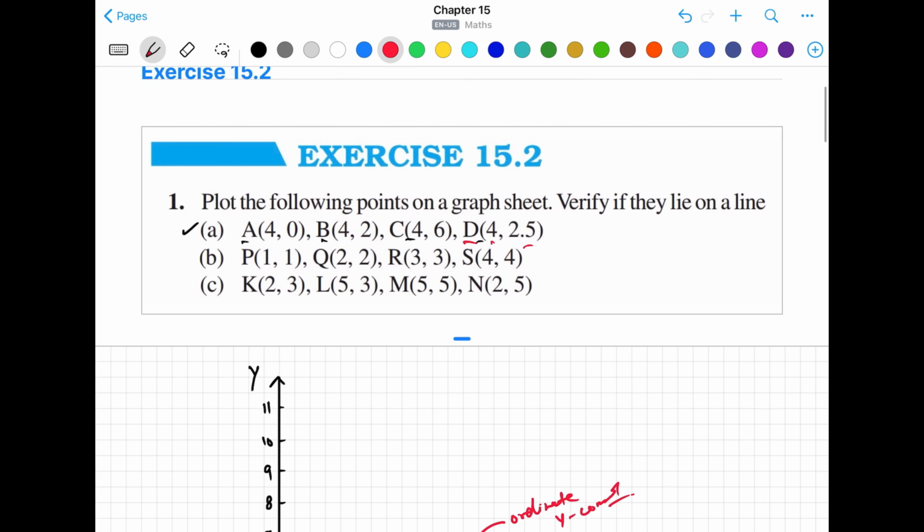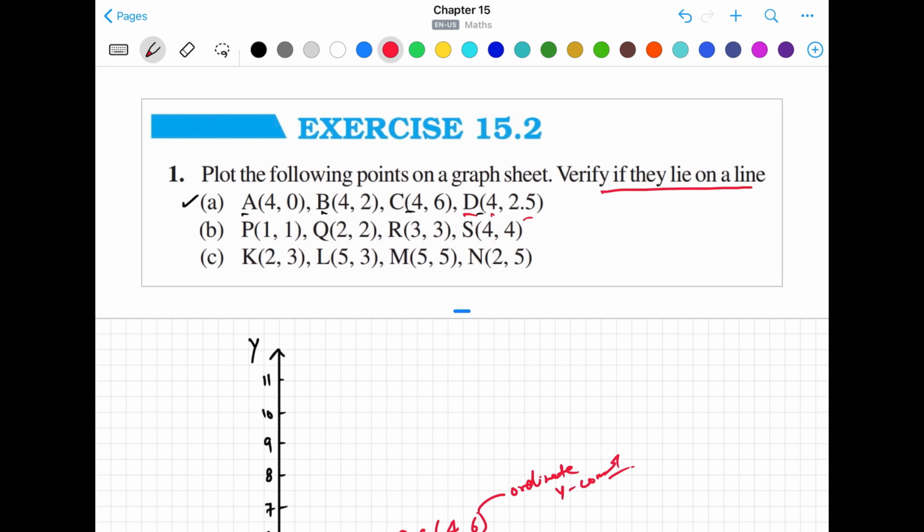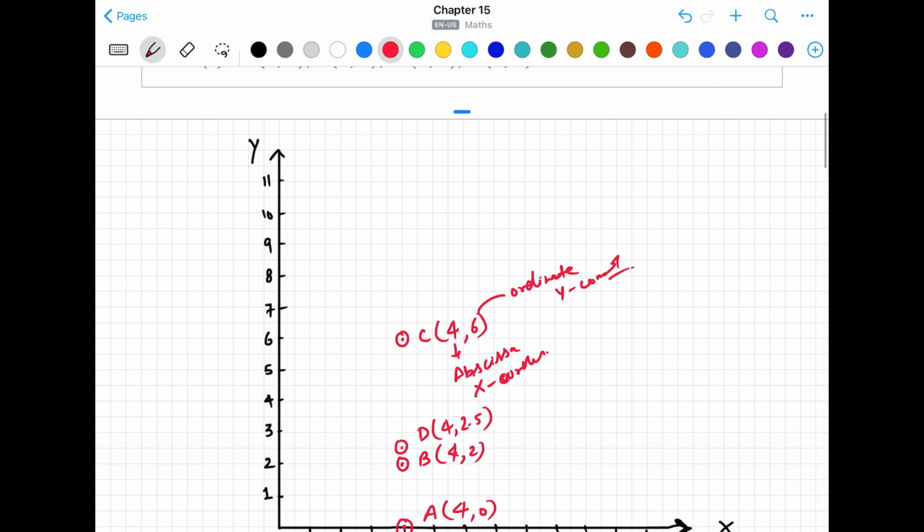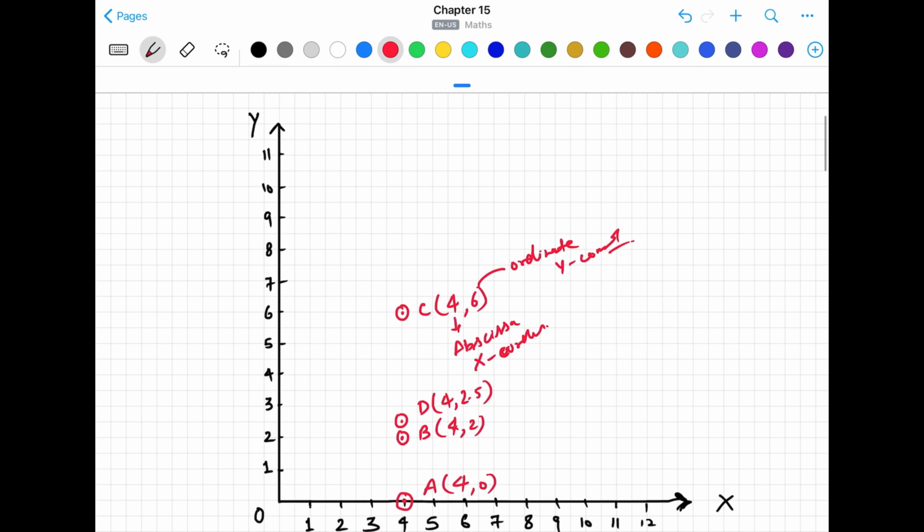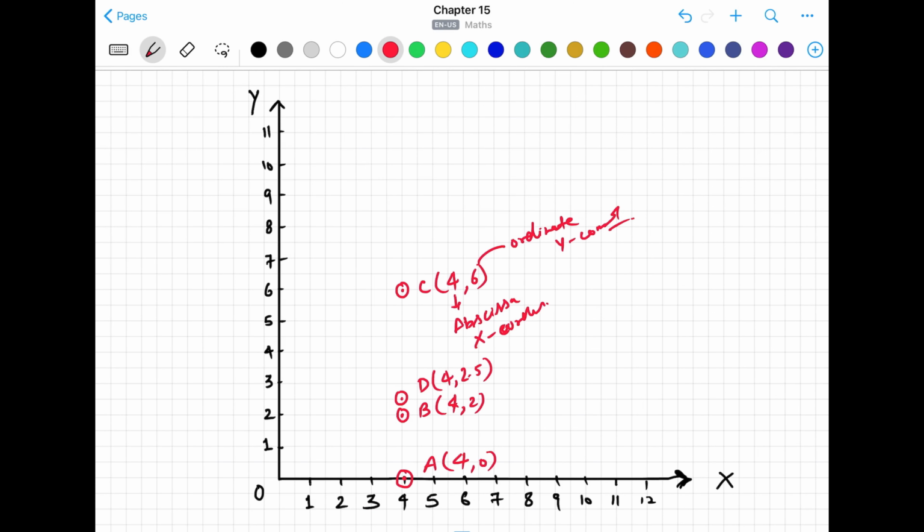Now we are also asked to verify if they lie on a line. That means if we join all these points, we have to check if we are getting a straight line. Let's see, if we join these points, you can see we are getting a straight line.